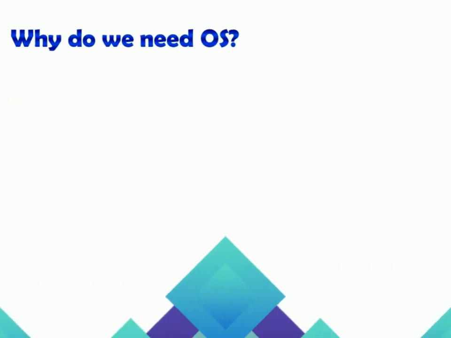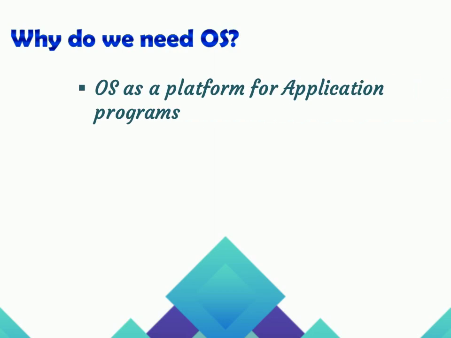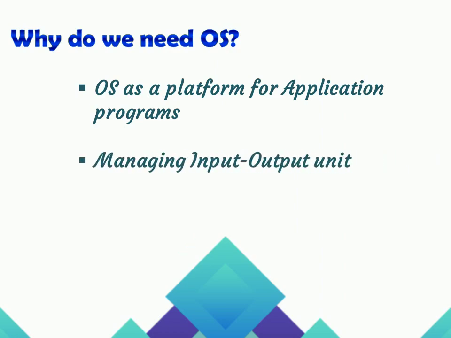Okay, we'll see why we need an OS. OS acts as an interface between computer and user. It allows the computer to manage its own resources such as memory, monitor, keyboard, printer, and also it controls the various system input-output units.